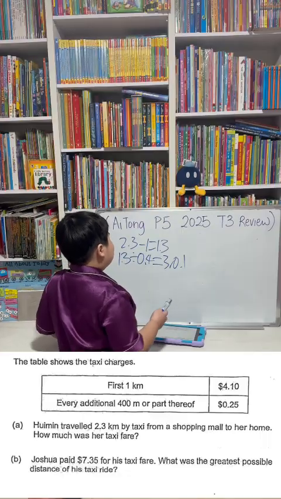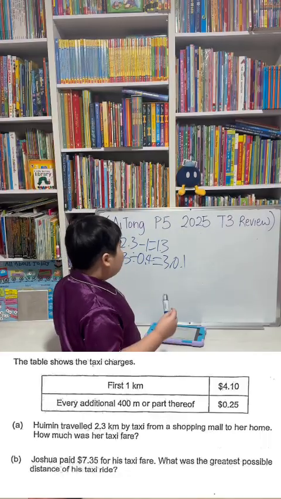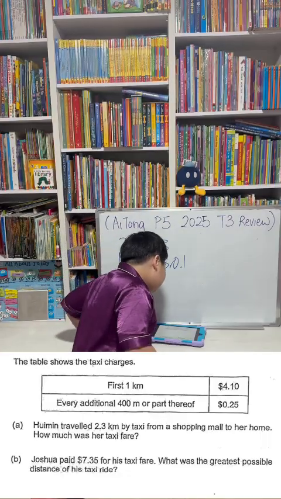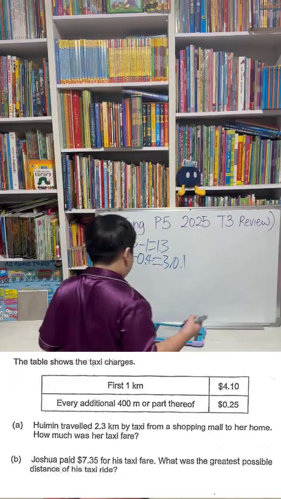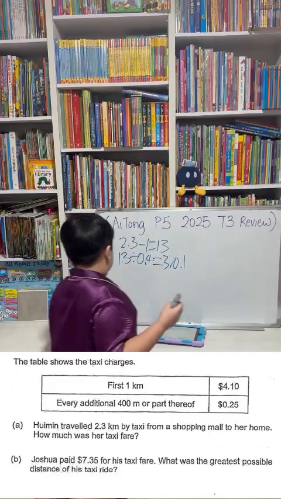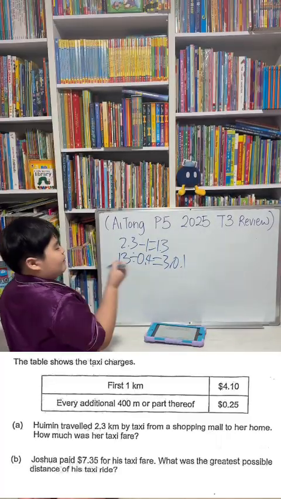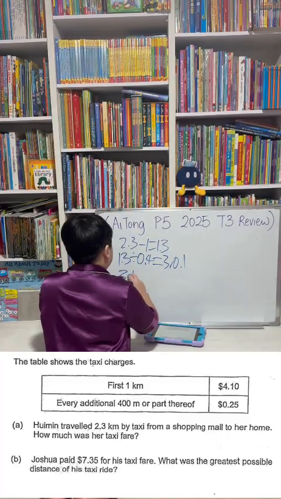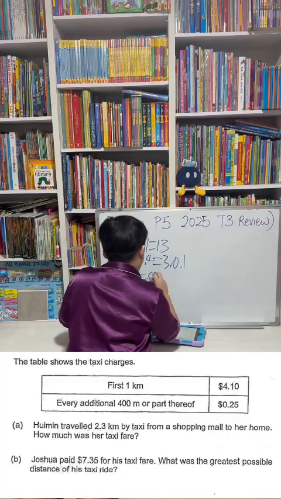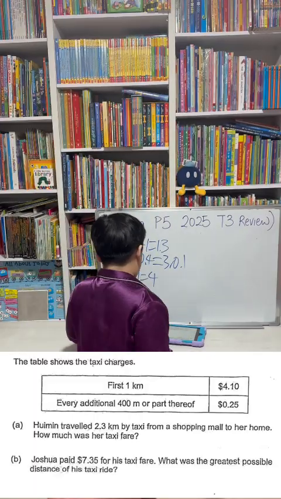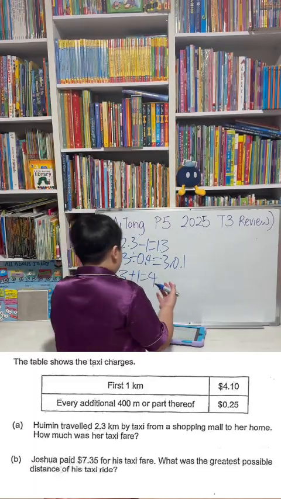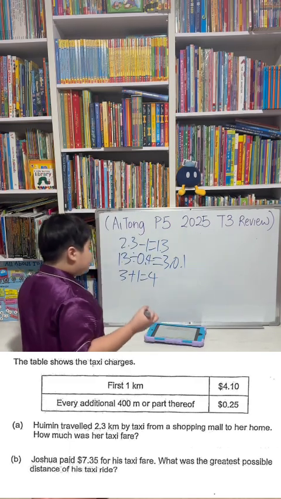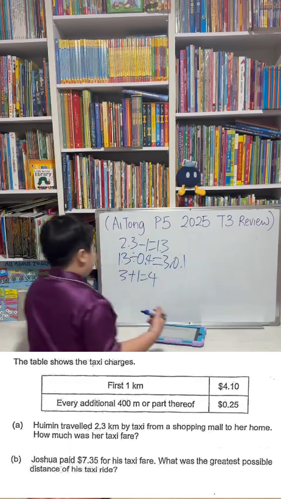That means this 0.1 kilometer also costs 25 cents. So we can find how many 25 cents Huimin needs to pay by doing 3 plus 1 equals 4.